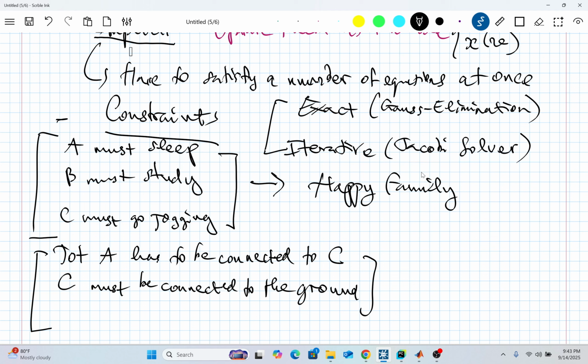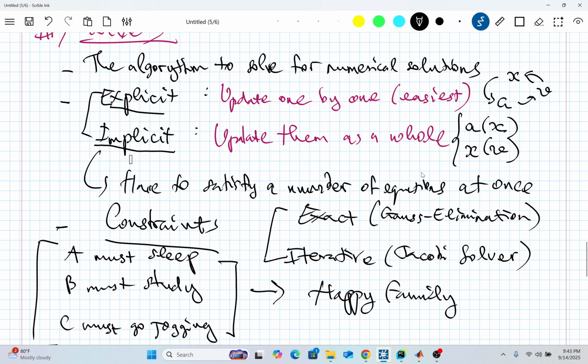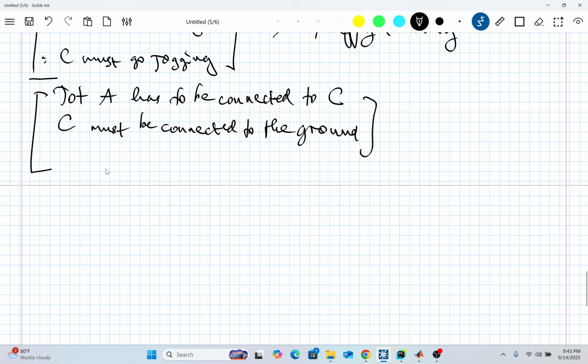So basically, the intuition behind the exact solver is just like our implicit, meaning that you will find some way to satisfy everything perfectly. It's like you solve the equations analytically, okay? But for the iterative, you solve each constraint one time. Okay, I'll talk about the iterative.